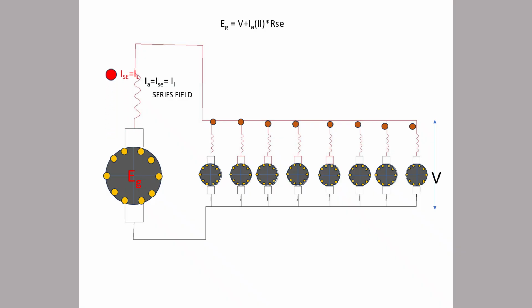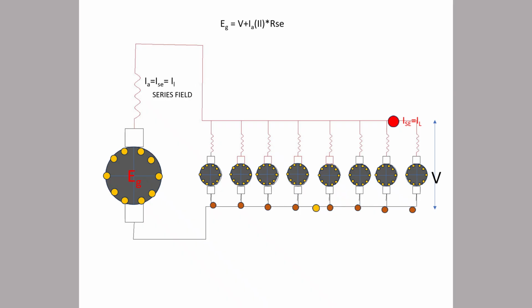Why DC series motor? Because it has good starting torque. When the train is stalled, to start it needs power, more starting torque. So from stall to start, it is better to use a DC series motor in an electric locomotive. It will be helpful.